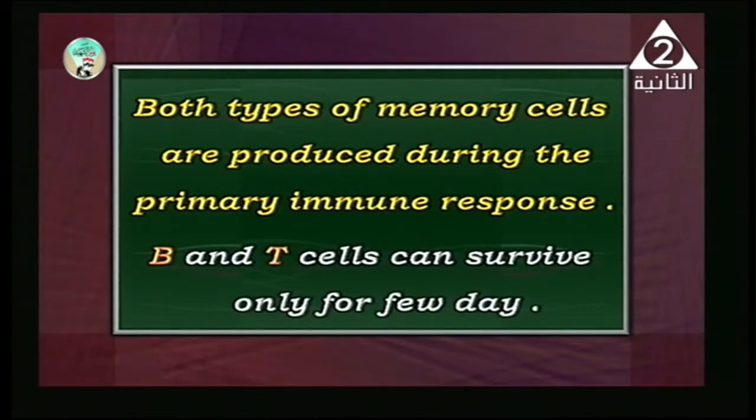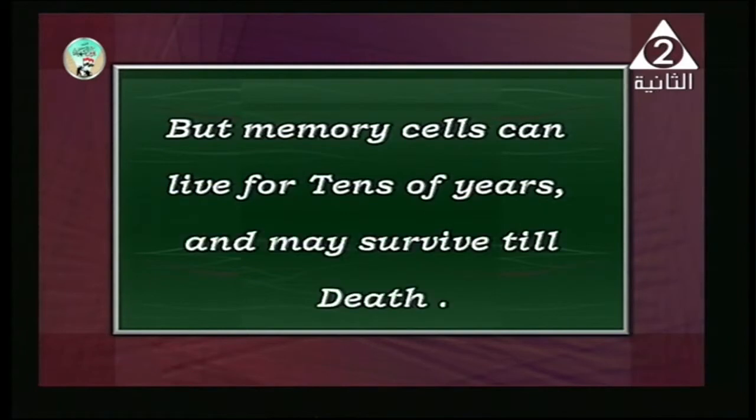B and T cells can survive only for a few days, but memory cells can live for tens of years, as we said before, from 20 to 30 years and maybe more, and may even survive till your death.